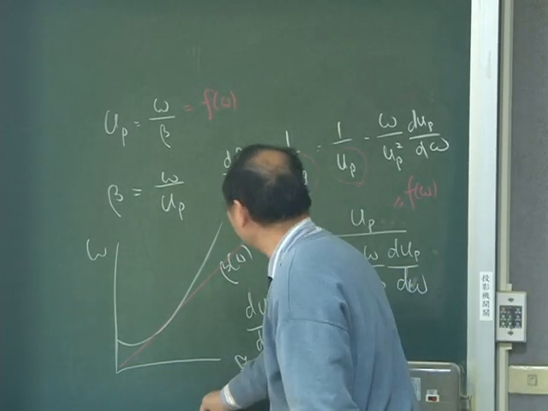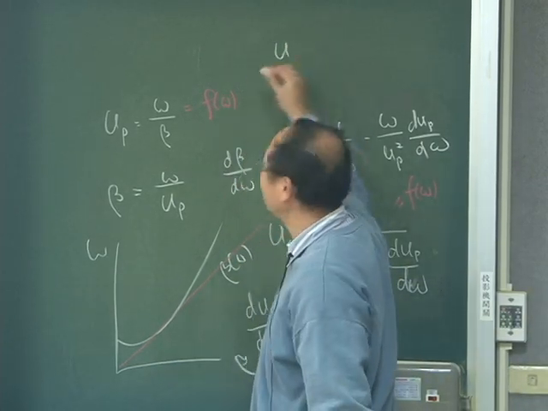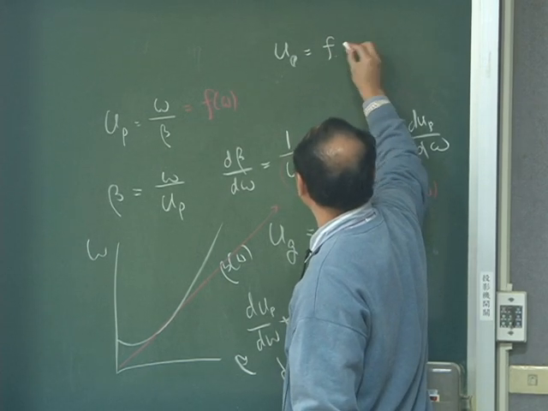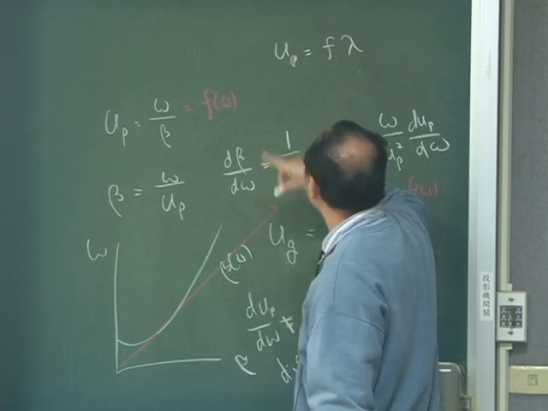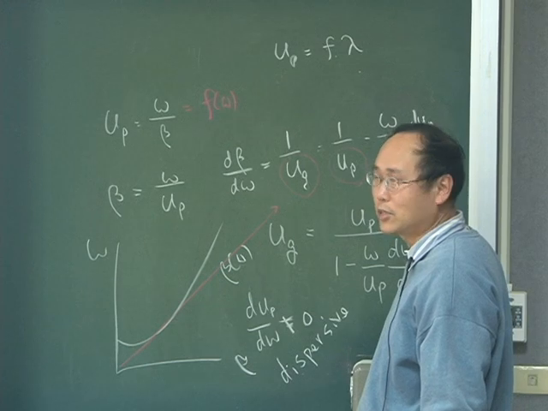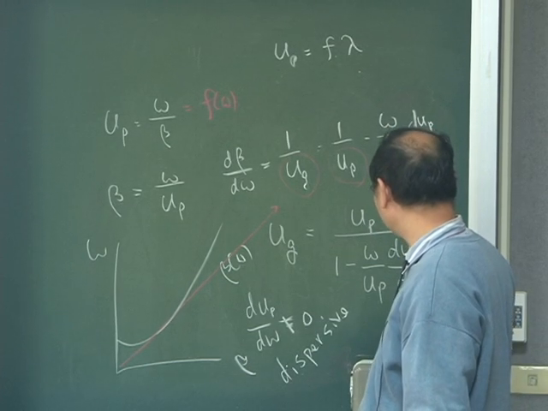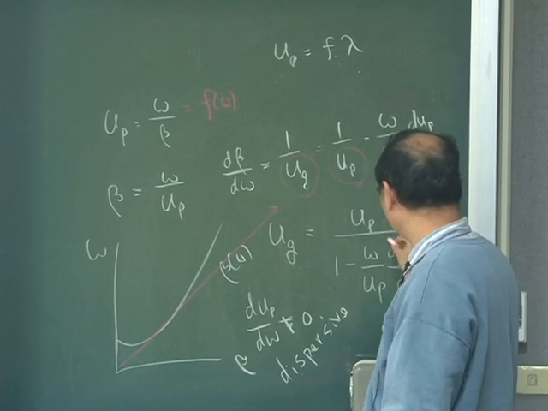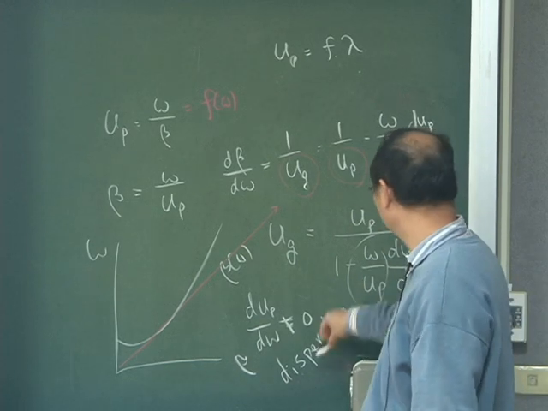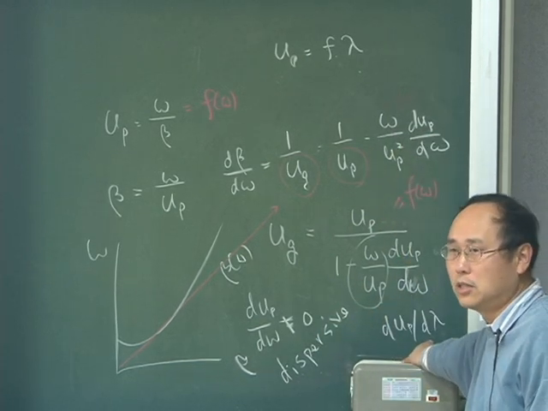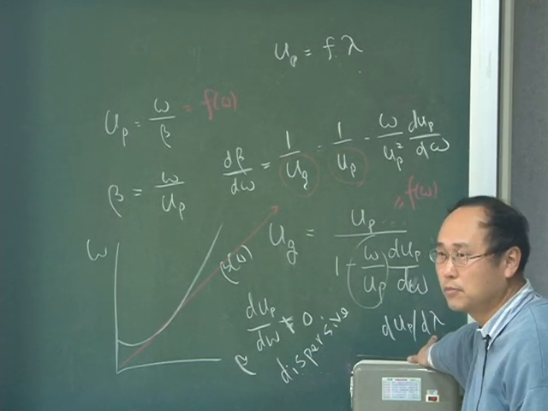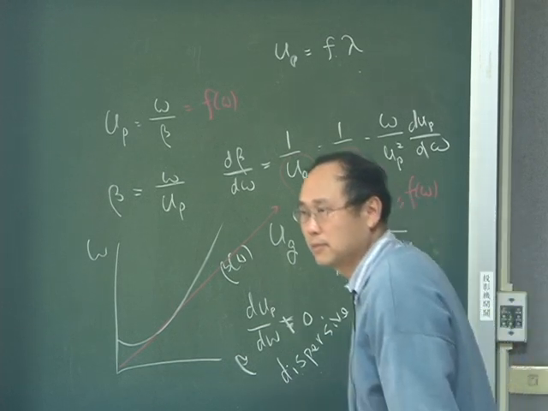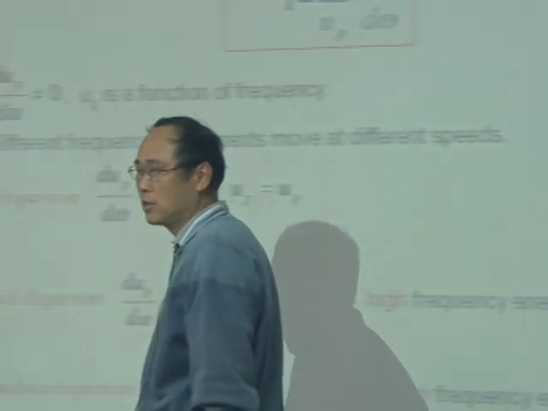But don't forget that your UP is also equal to frequency multiplied with wavelength. 所以呢，你这 differentiation with respect to frequency can be written into a differentiation with respect to wavelength. 这里呢必须要改写。OK， 那你们课本里头后头有一个习题，就是把这个式子改写成对波长的微分，你自己练习一下。OK, any question? 所以这个观念是 group velocity 跟 phase velocity.